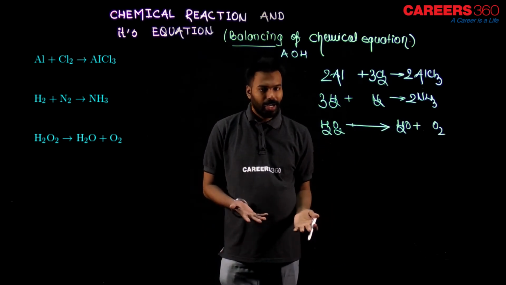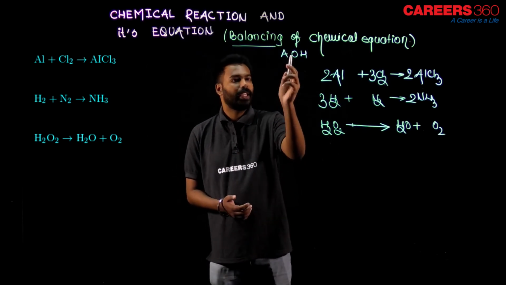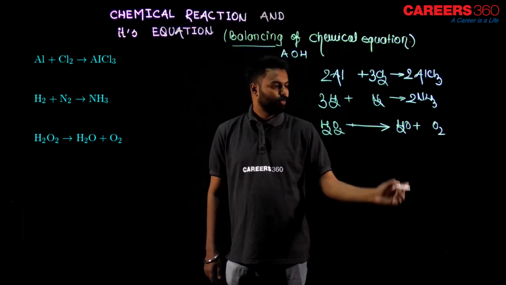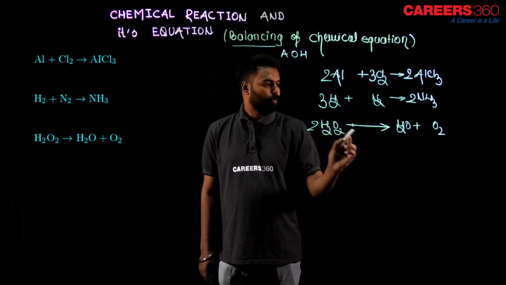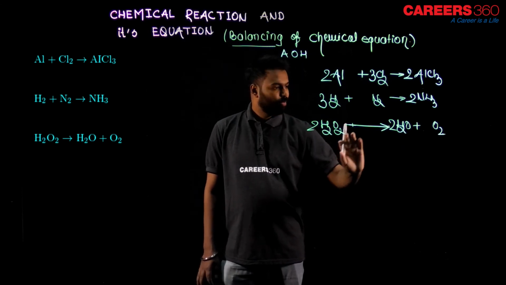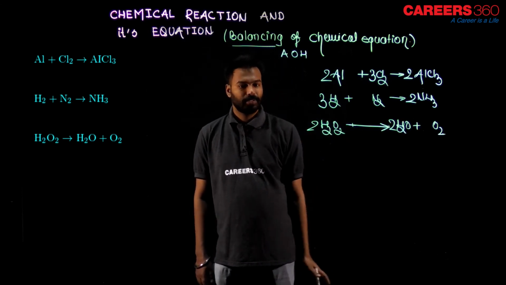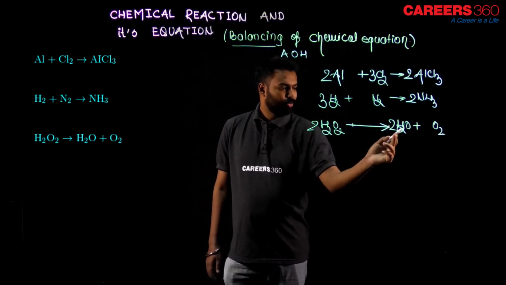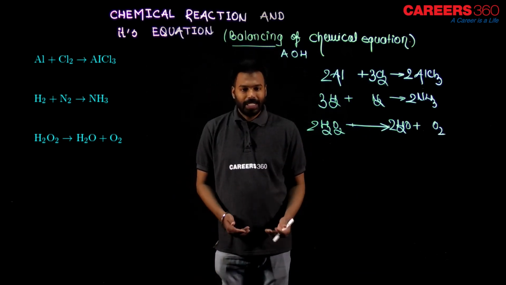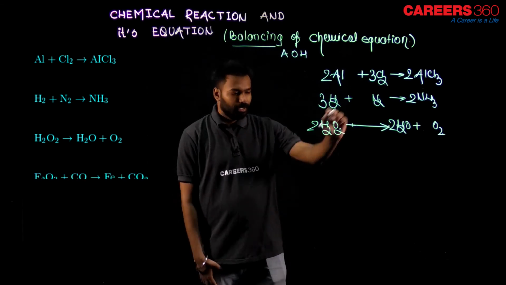Here actually hydrogen and oxygen only are available. So no problem. 2 oxygen and 3 oxygen. So you can make it 4 in this way. 2 oxygen and 2 oxygen, 4 oxygen, 4 oxygen, 2 2s are 4, balanced. Now 2 2s are 4 hydrogen, 2 2s are 4 hydrogen, balanced. I hope you understood. So let's see the next example, dear student.